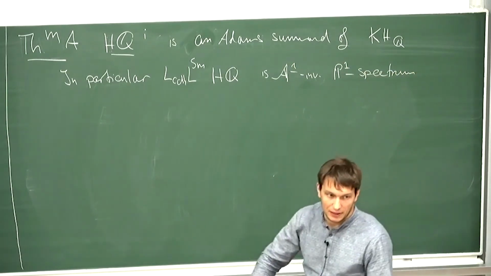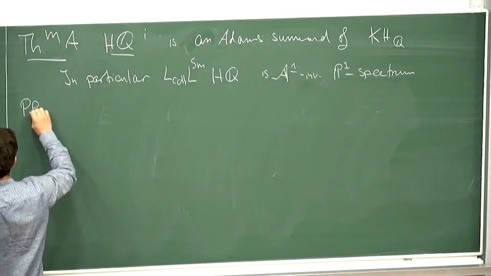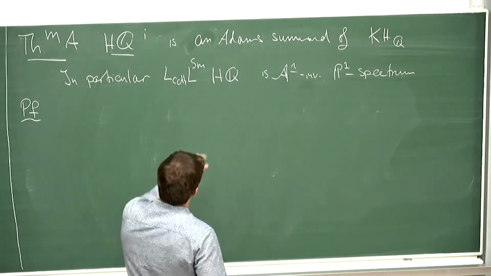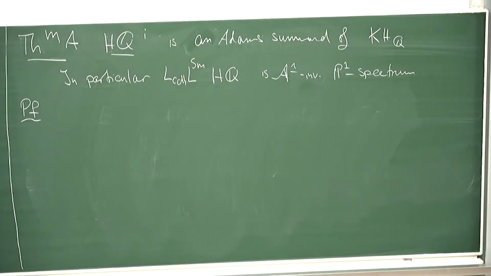Okay, and so this is basically very easy. I almost dare not write anything. The point is this HQ thing, as I said here, is a summand of KGL Q. So if you left Kan extend and cdh-sheafify it, it's still going to be a summand.